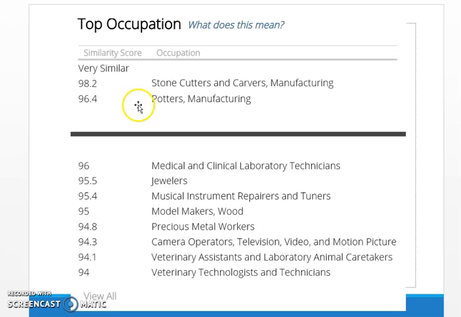And so that may be why it's such a high match. But I can also view all, and I can search for psychology related stuff, and that's still pretty high up there. So it doesn't necessarily mean that I should change my life and become a stonecutter, but I guess it's saying that it wouldn't be a bad fit.